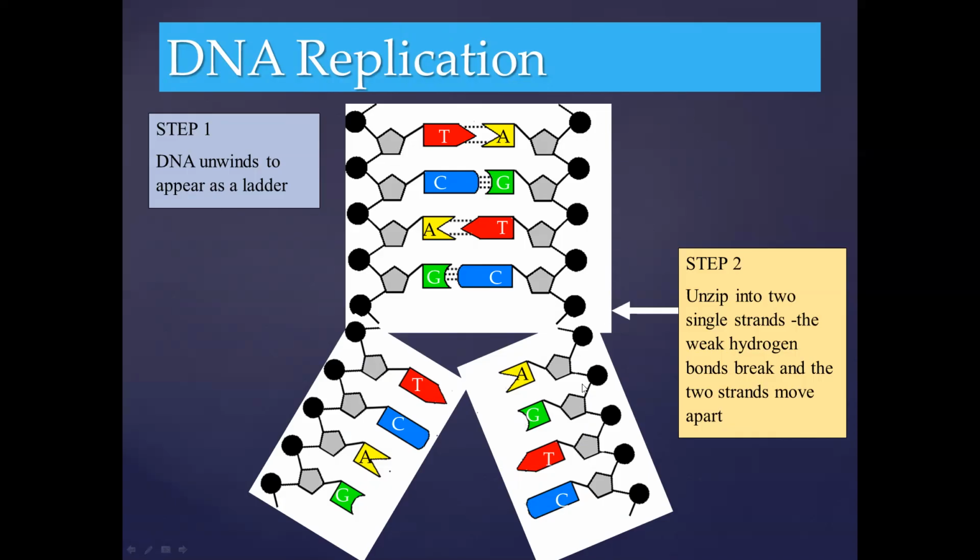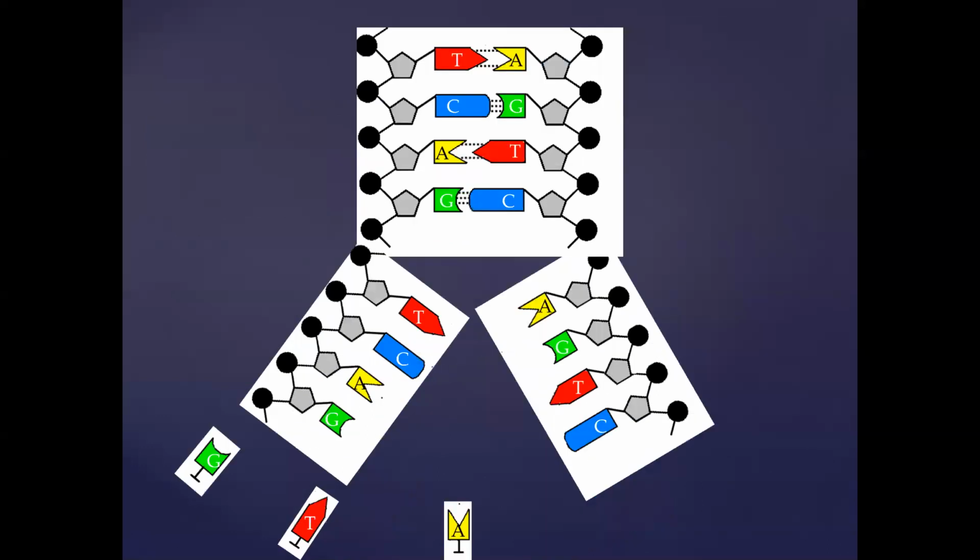For the sake of comparison, we're going to keep the original molecule on the top. Here is what was on the left, TCAG, which will now be separated from these nucleotides on the right hand side, the AGTC. Both of these strands act as templates for new nitrogenous bases to come and join.